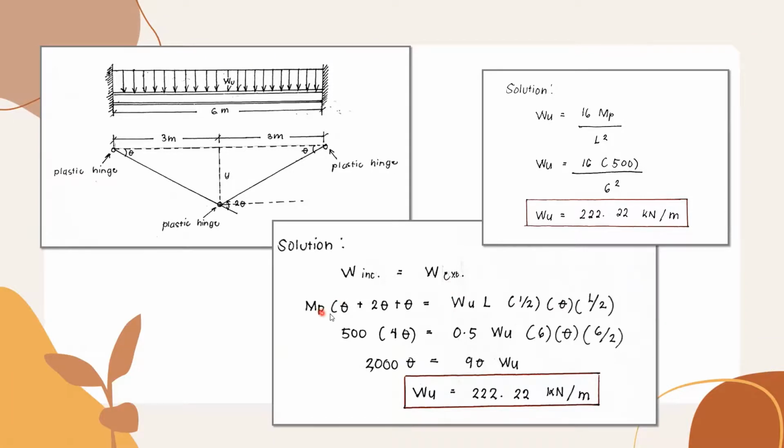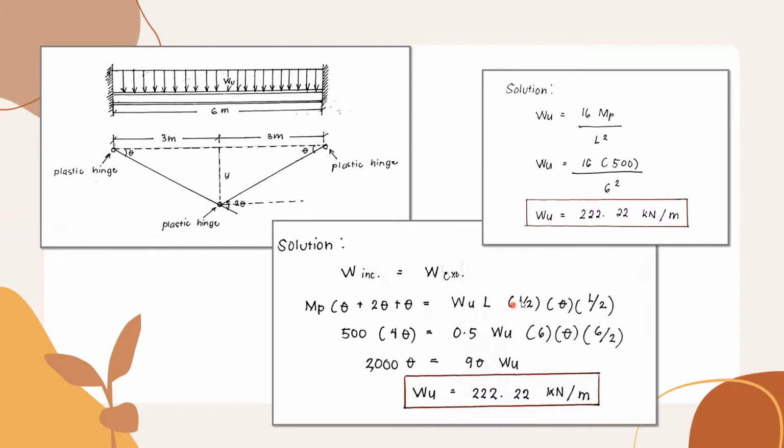Plastic moment times natin yung sa mga angle na may plastic hinges. So, M sub P times theta plus 2 theta plus theta, since etong tatlo na to is plastic hinges, is equals to W sub U times length times 1/2 ng deflection.